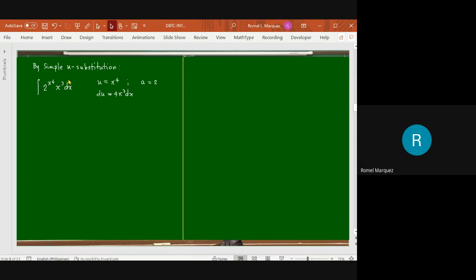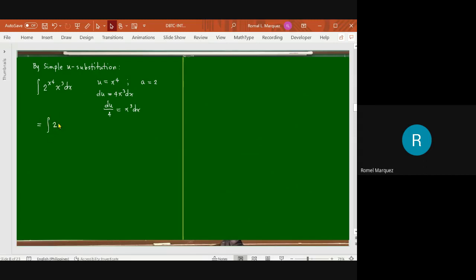Now, we need to express this given in terms of u. So here we have to solve for du over 4. If we solve for du over 4, that gives us x cubed dx. So this part I can express in terms of du over 4. What about x to the 4th? I can write that as u. So no more letter in terms of x; everything now is in terms of u.